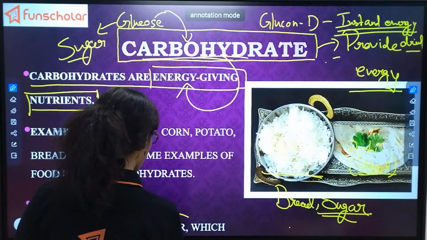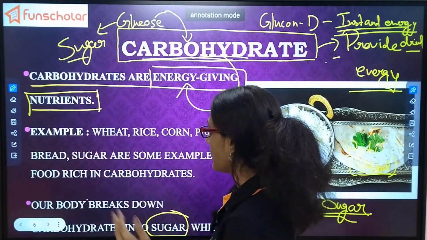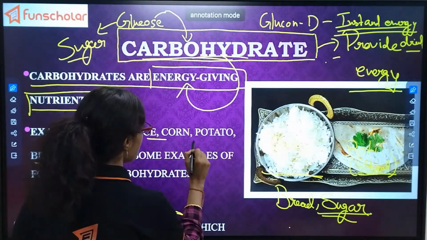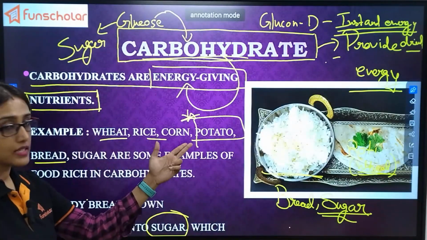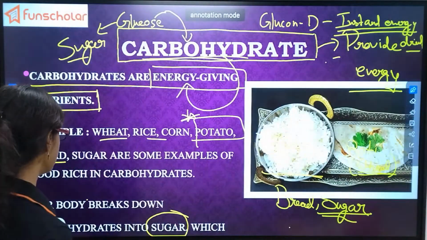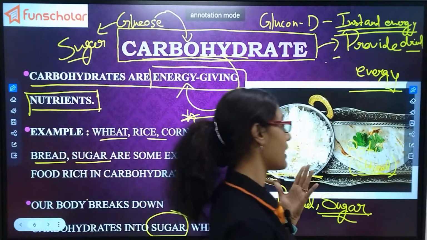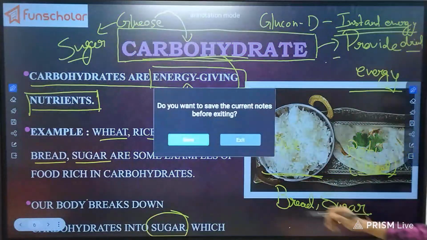Okay, even our body also breaks down carbohydrate into sugar. An example I have already told you: bread, wheat, rice, potato. Very important. Potato is full of carbohydrates. Sugar, these are rich sources of carbohydrates. Okay, now next slide.